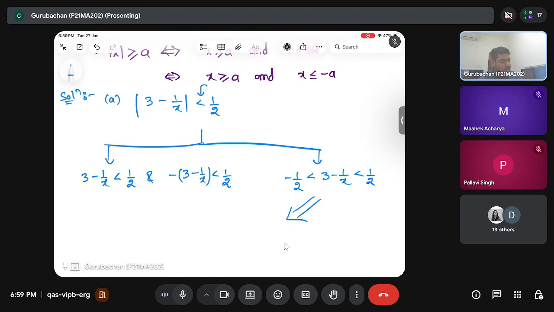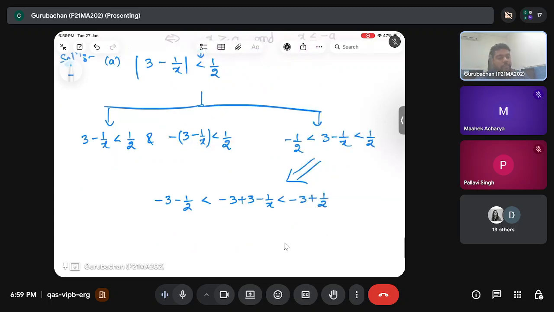Here it is 3, so you will add minus 3 on the whole inequality. What will it give?